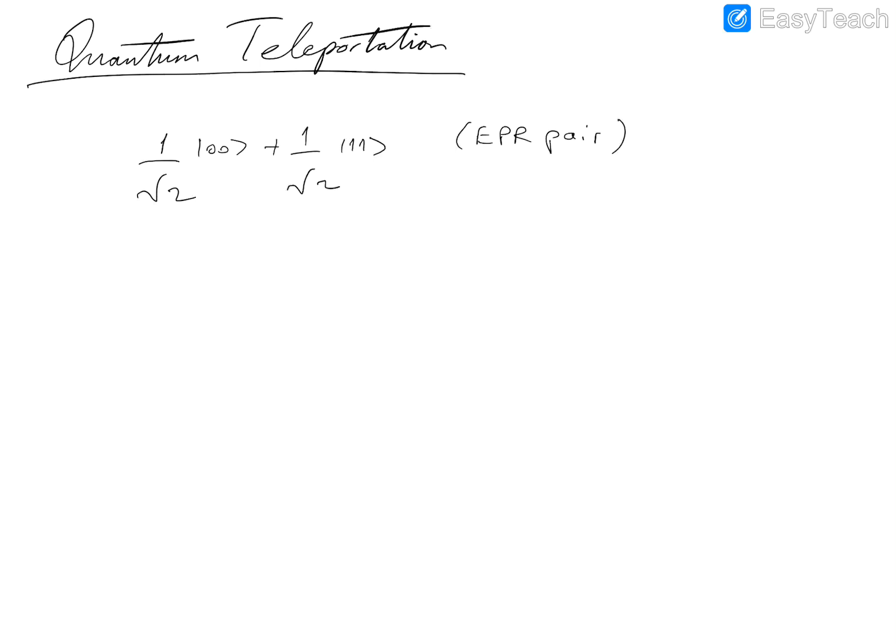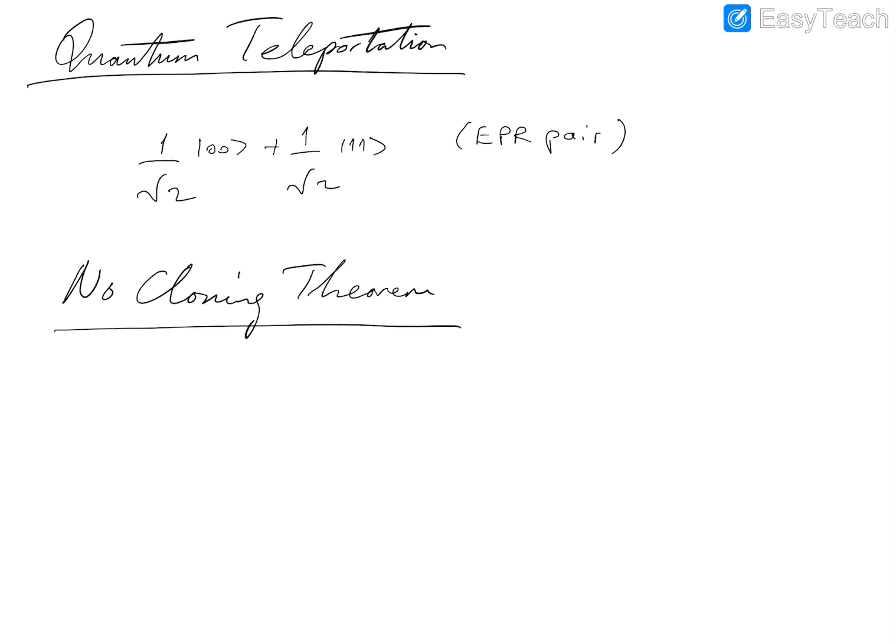Now, the first result that I would like to talk about has to do with quantum information theory. It's a well-known theorem called the no-cloning theorem. The no-cloning theorem tells us that we cannot copy arbitrary quantum states.